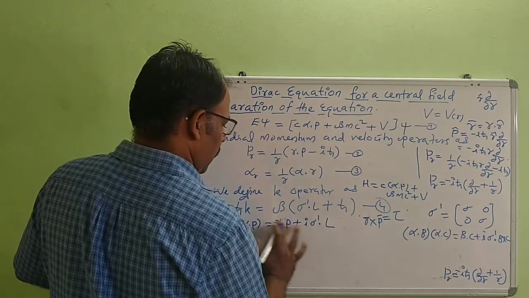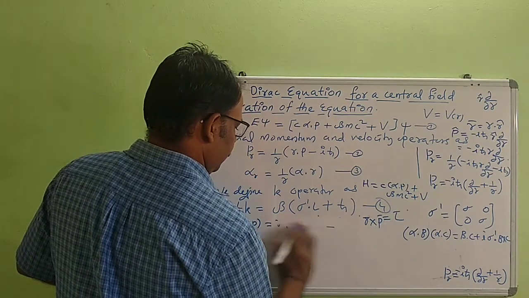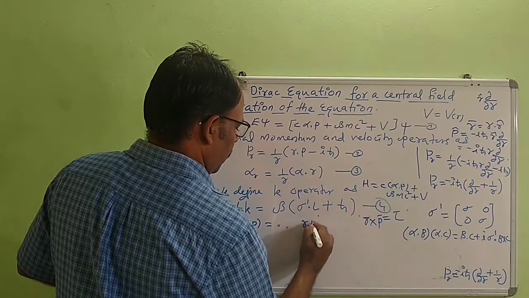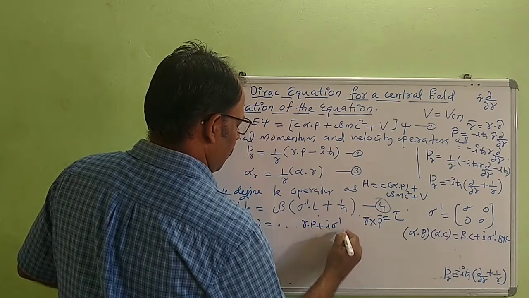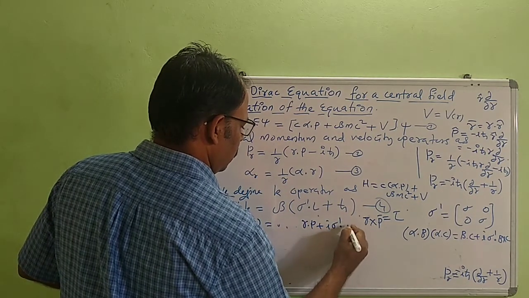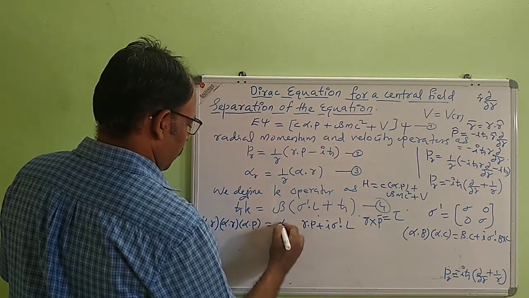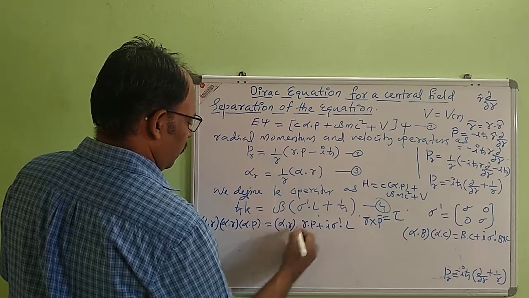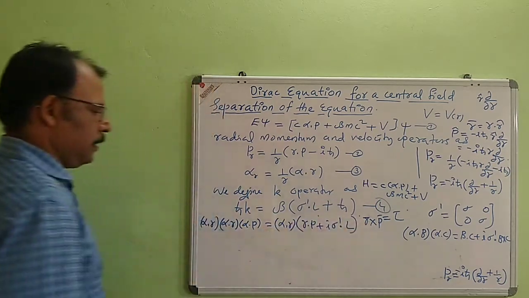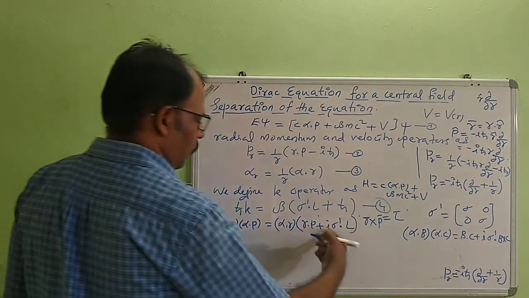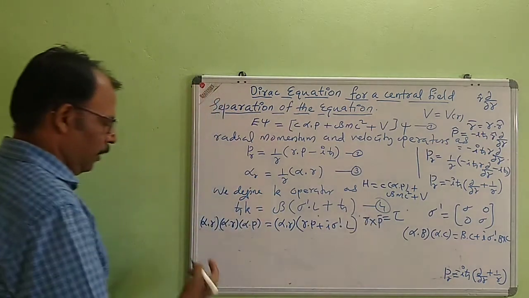So this equation, R dot P plus I sigma prime dot L, from the left I am multiplying with alpha dot R. So this one is alpha dot R into R dot P plus I sigma prime dot L.